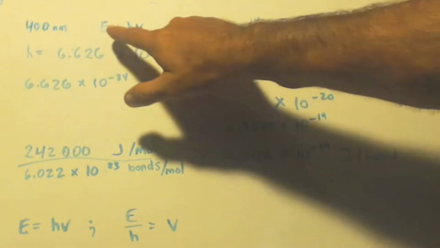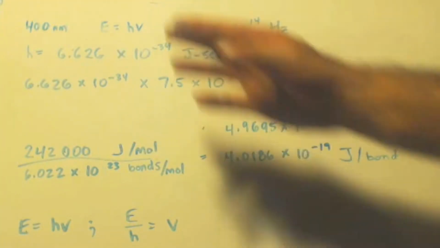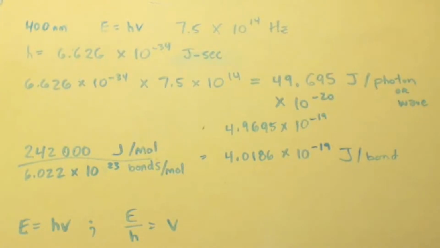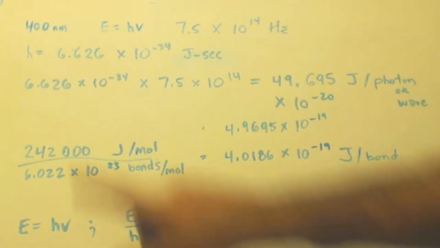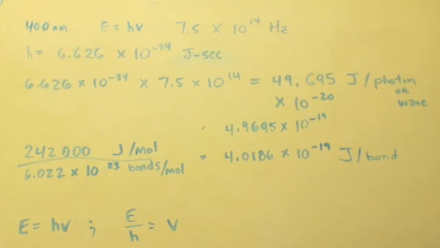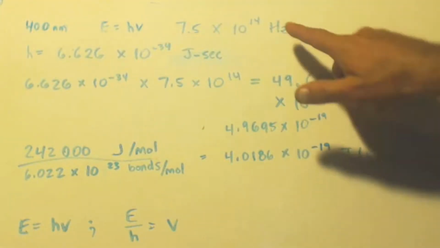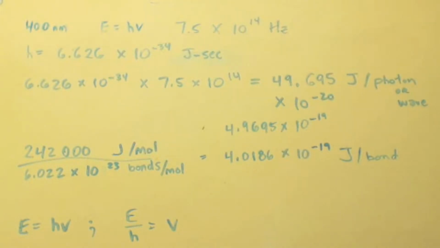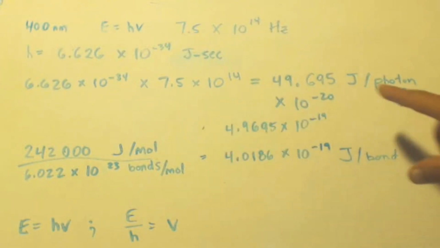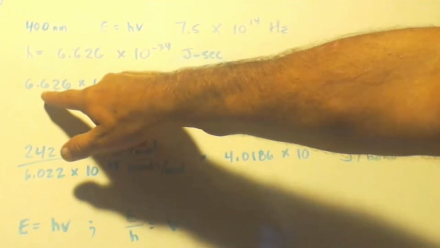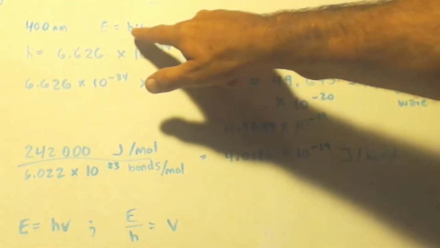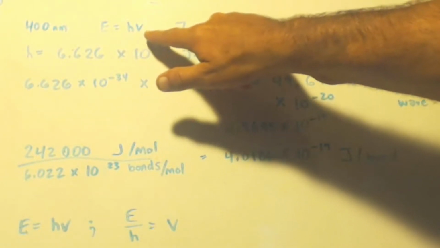We use this equation, E equals hf. h is just a constant, Planck's constant. That's right here. It's in joule seconds. And then you multiply it by v, which is frequency, and that's in hertz, or seconds per wave, or seconds per photon. I prefer seconds per wave in this one. So you just multiply these to get your E. h times v equals E.